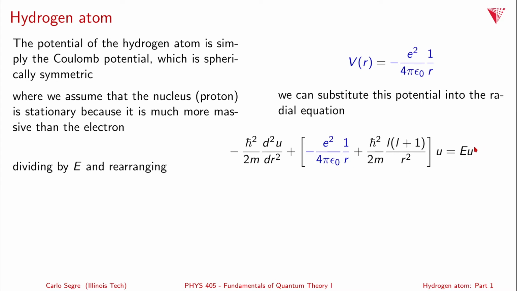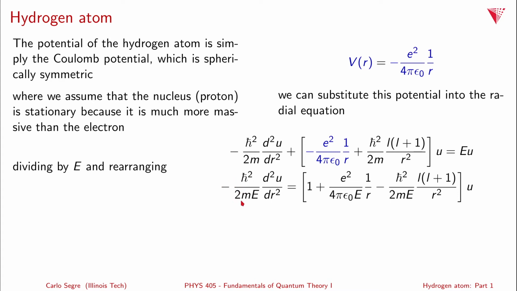We now can divide by E and bring these terms all over to this side. So when we do that, we get minus h bar squared over 2m d squared u dr squared equals 1 from this term plus e squared over 4 pi epsilon naught capital E times 1 over r minus h bar squared over 2m times l(l plus 1) over r squared, all times u on the right side.